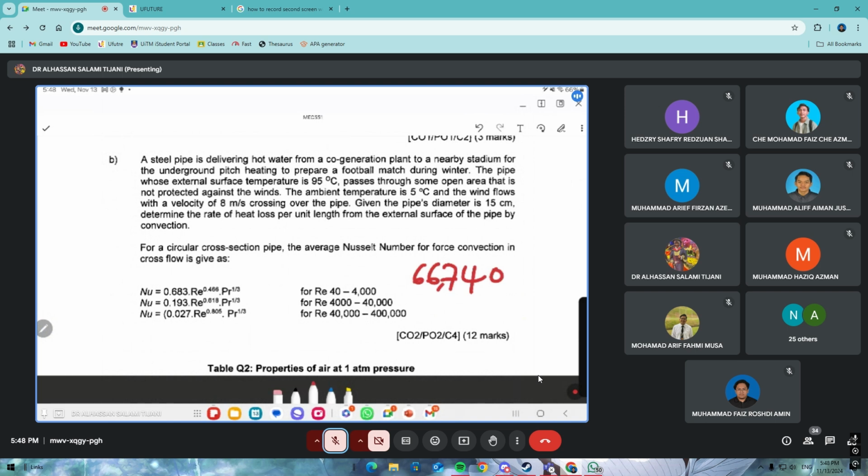So this is 40,000. We cannot use that. So the appropriate one is what? This one, right? So we need to use this to calculate the Nusselt number. So this is what we're going to use. Okay, I hope everybody is following. These types of questions are very easy.